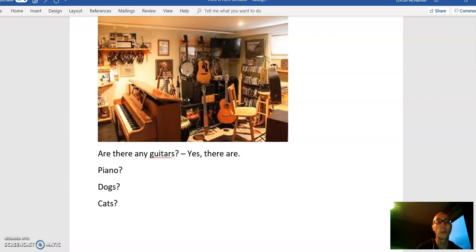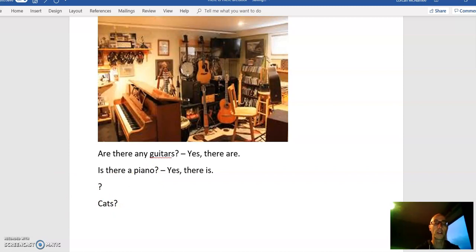Remember it's plural, we use are. For one thing, we use is. So let's make a question with piano. Piano is one thing, so is there a piano? What's the answer? We can look at the picture. Yes, there is. Exactly.